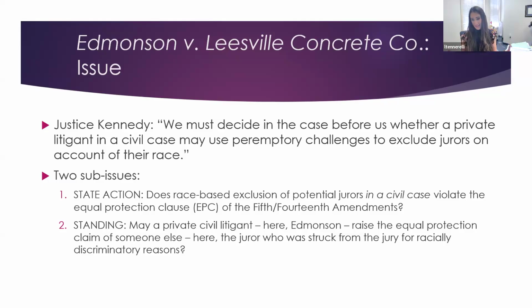And the idea is if there's an equal protection right to serve on a civil jury, then the people who were treated unequally were the jurors who were struck, not Edmondson, because he isn't the person who was struck. So his rights to equal protection under the law haven't been violated.